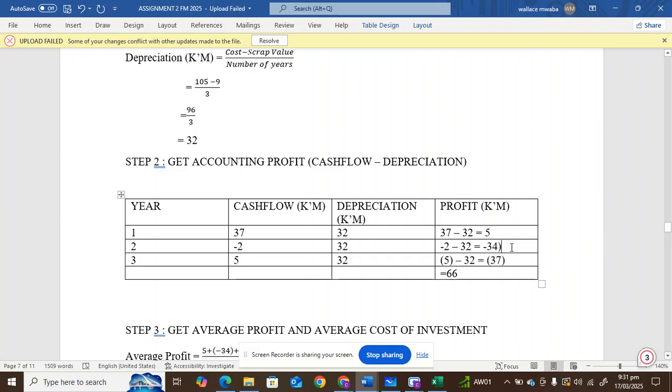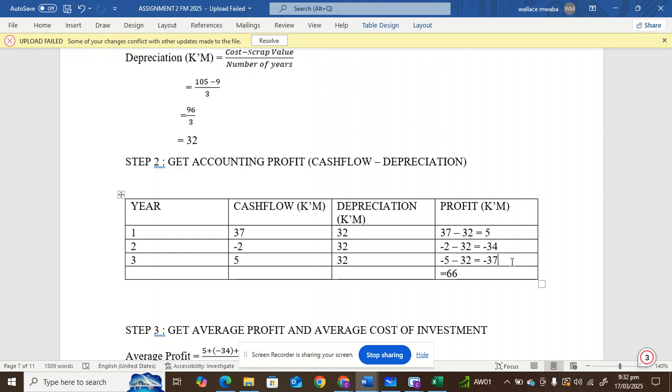Year three, cash flow 5 million, depreciation 32 million. Accounting profit is cash flow minus depreciation, negative 5 minus 32, we get negative 37 million.